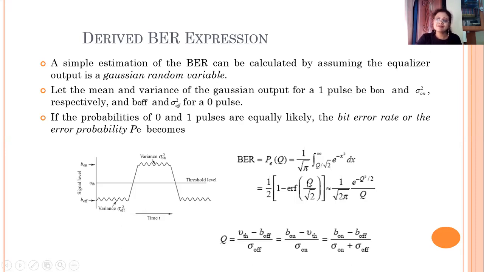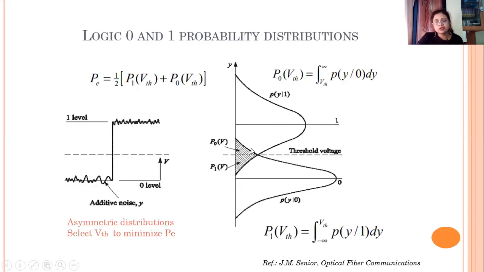And why is this factor named quality? Because you will see at the bottom, this particular quality factor is written in the form of the value of the threshold voltage, the mean value of bit 0 or the mean value of bit 1, and the variance. So depending on the variance means what?